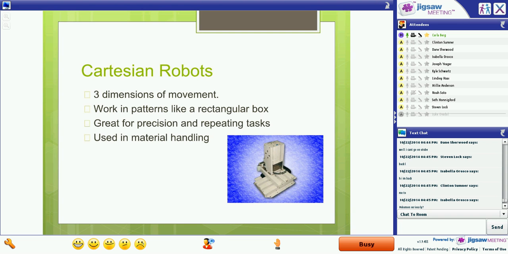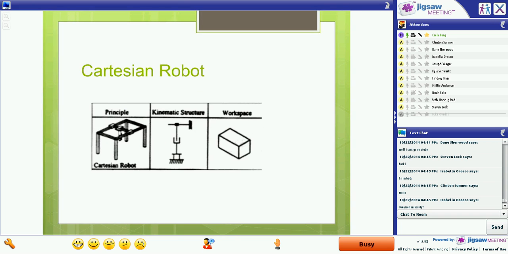They are great for precision, repeating tasks, and they're used in material handling. So here are 3 pictures of how these robots work. The first is the principal. That's where you can move up, down, right, left.